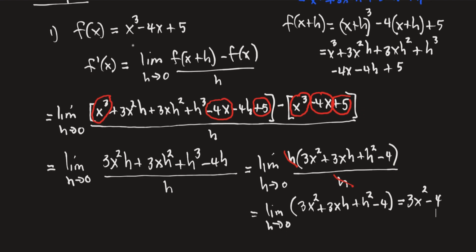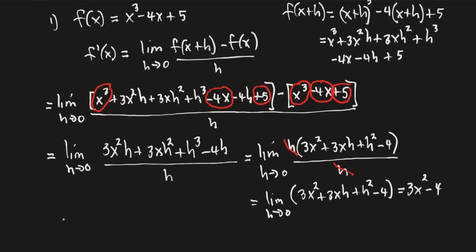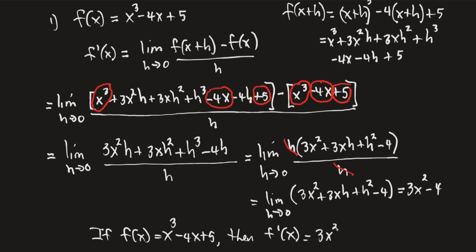So in fact, let's just state that as a summary of everything that we've done. If we start with this polynomial, then when we derive this derivative, we end up with another polynomial, right?